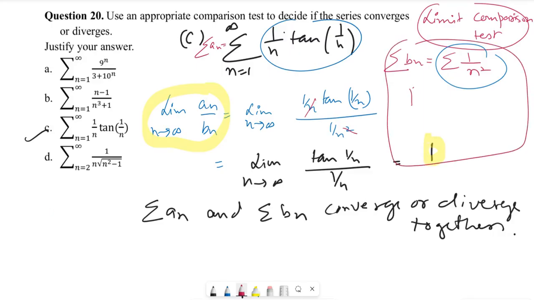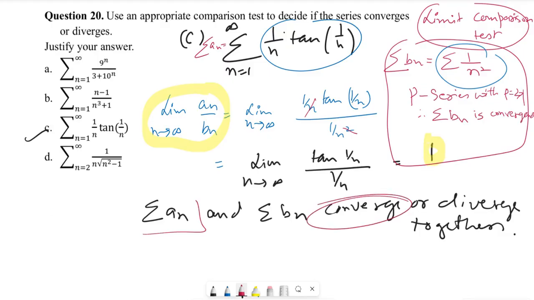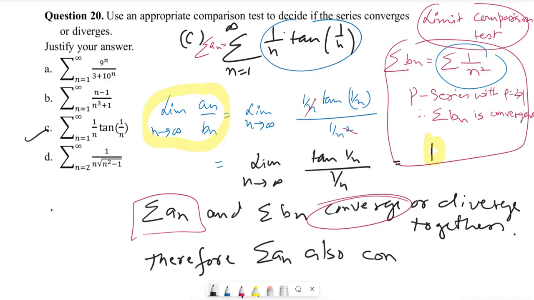Bn is a p-series with p equal to 2, which is more than 1. Therefore, bn is convergent. If bn is convergent, then an should also converge. Therefore, an also converges.